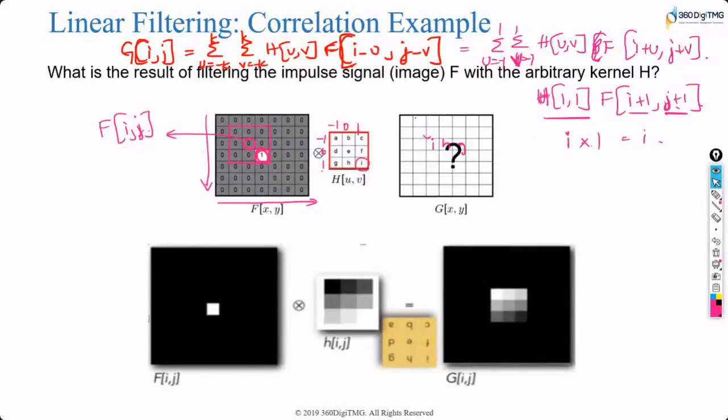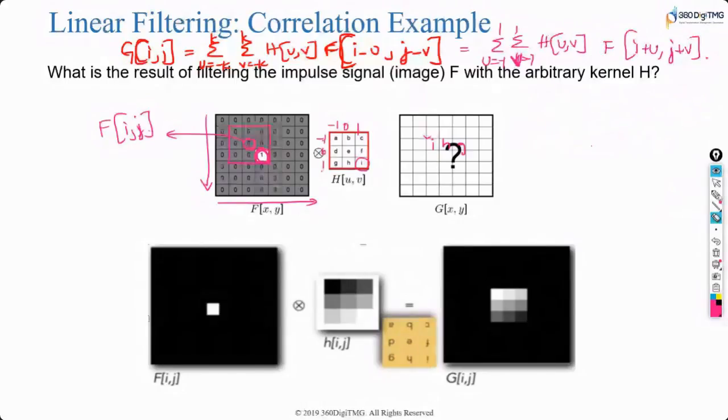You're getting I. If you take I of -1, -1, if you take u as -1 and j as -1, then -1 and -1 is a. So h of -1 comma -1 and f of 1, it is -1 now, not +1.